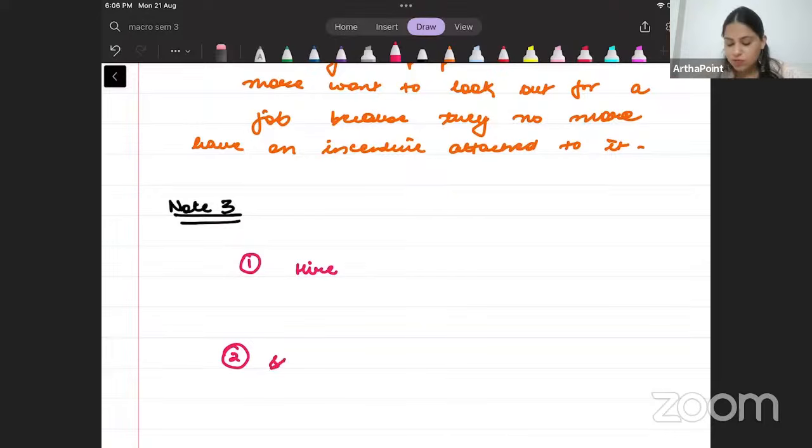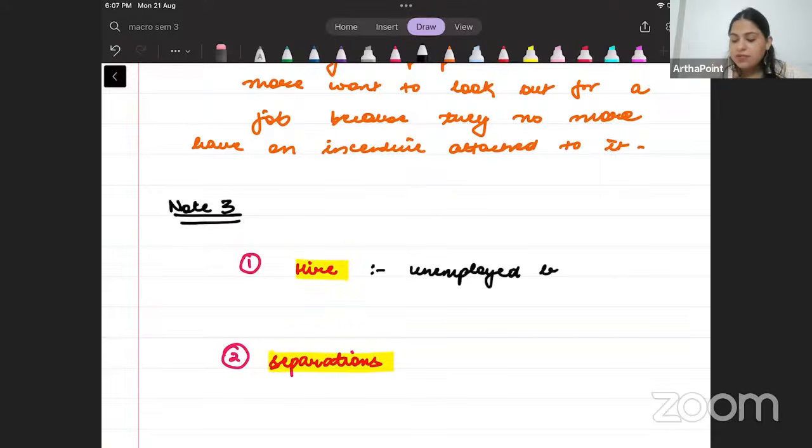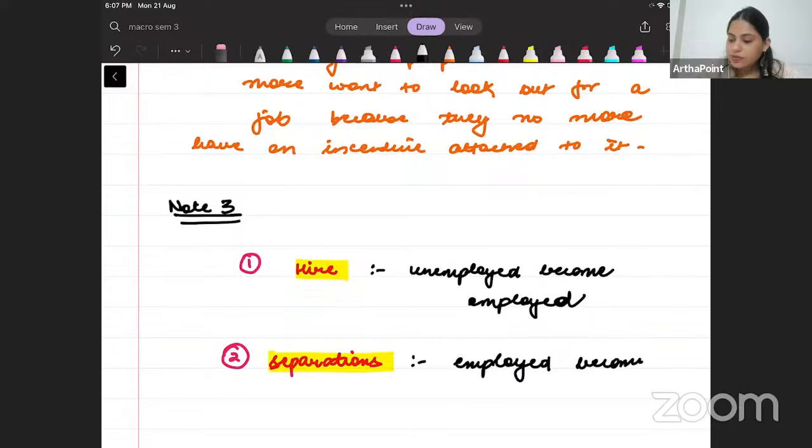There are separations from the job. So these two things happen quite often. Hire means that the unemployed become employed. And the other thing that can happen is that people who are employed become unemployed, because they have been fired from their jobs.